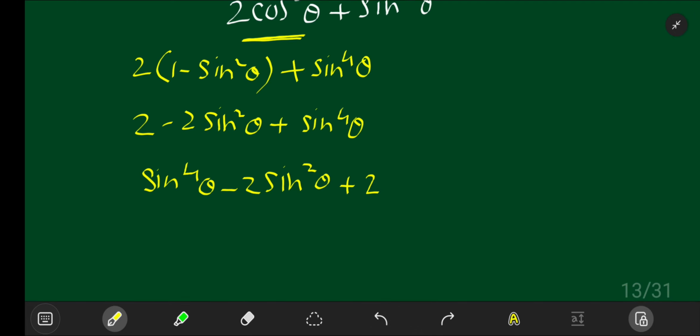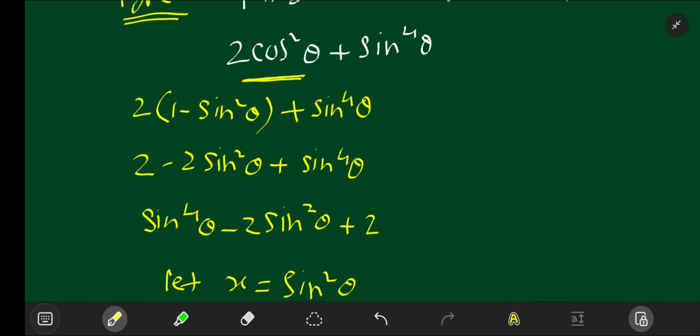Now we have to make this equation into a perfect square. Before doing that, you people get confused with this sine power 4 theta. Let x equal sine square theta.